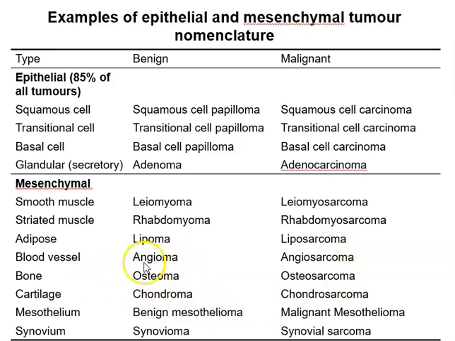So this is benign growth of bone forming cells. This is a malignant growth of bone forming cells. The rhabdomyomas and the rhabdomyosarcomas, well, you just have to remember that these are the prefixes for these particular tissues. Similarly, chondrocytes, which are in cartilage, that's where the chondroma and chondrosarcoma comes from.